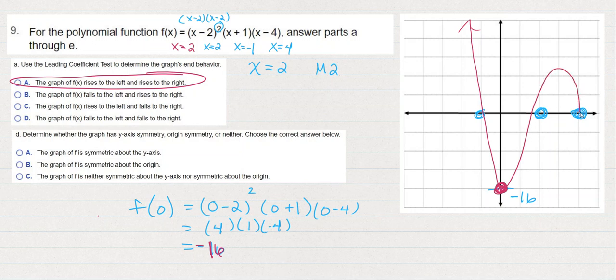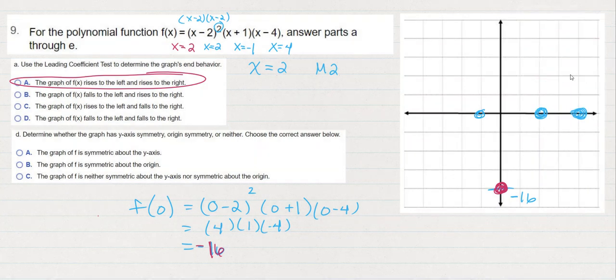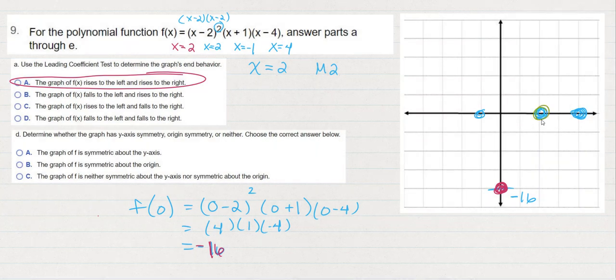Oh, sorry. Let me back up just a bit. Which one had the multiplicity of 2? That was, let me circle it. The multiplicity of 2 means that when I hit that, I'm going to touch it and then fall back down.